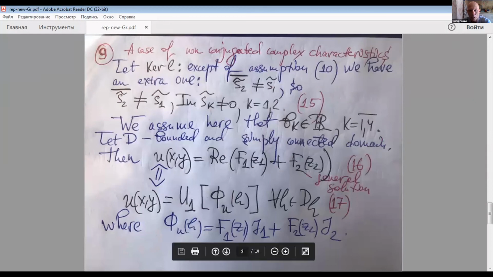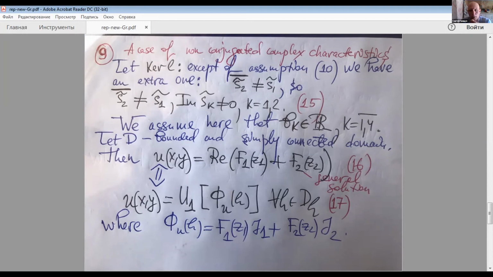A very important case is the case of conjugated complex characteristics. If, except for exception 10, we have an extra one, that the conjugate of S2 with tilde isn't equal to S1 with tilde, so we have conditions 15. So the imaginary part doesn't equal 0.